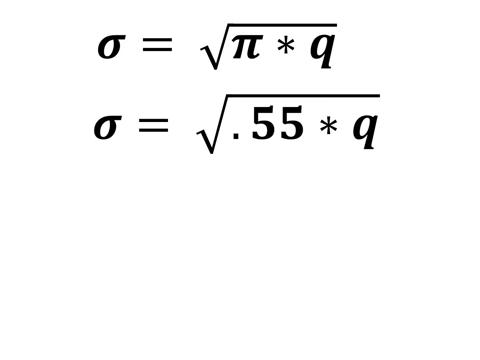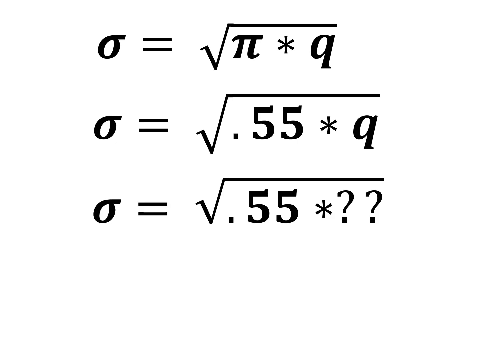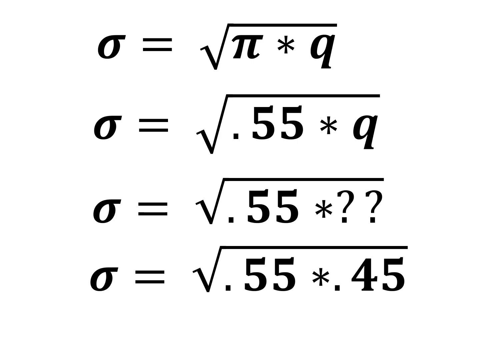So we know that the value of the population proportion, pi, is equal to 0.55. And all we have to do is find the value of q, which in this case is 0.45. And we end up with a standard deviation of 0.497.